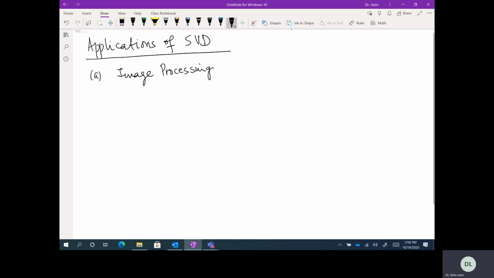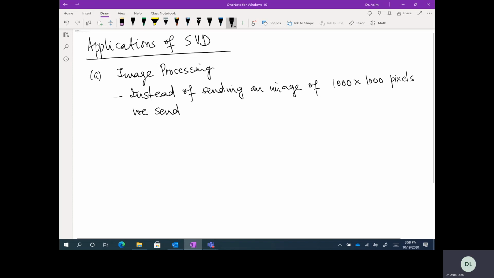Suppose you want to send a picture with 1000 by 1000 pixels. So instead of sending an image of 1000 by 1000 pixels, which is 1 million, we send the essential information.